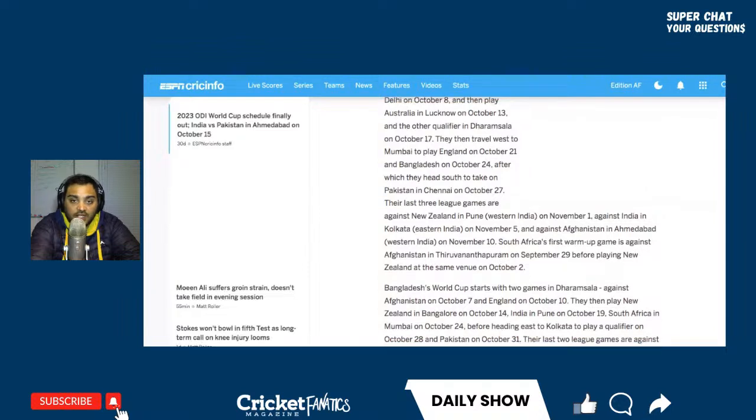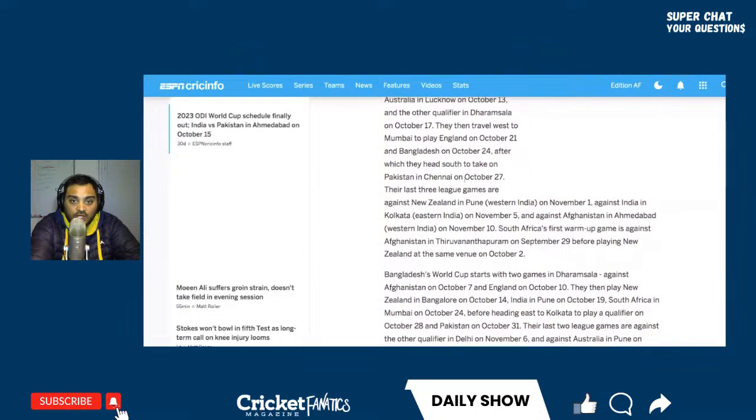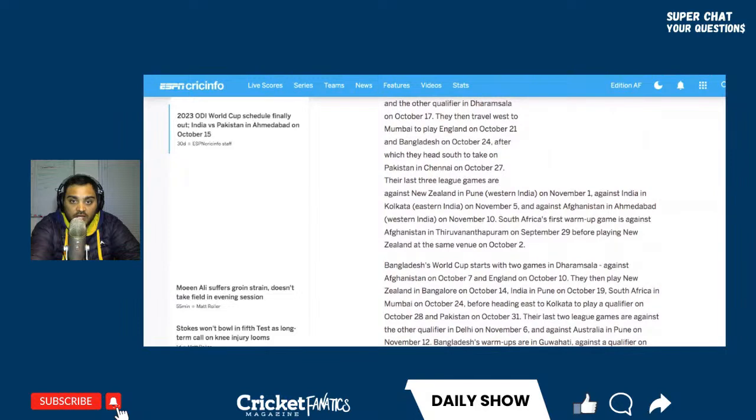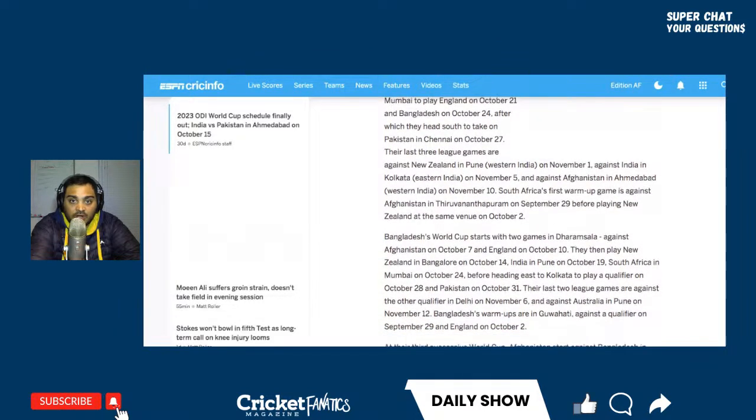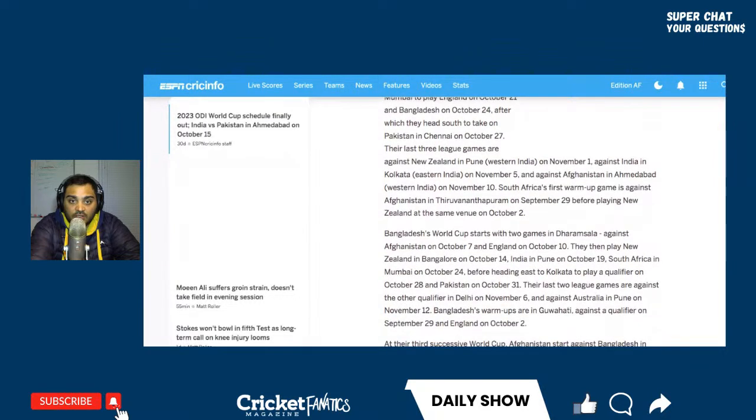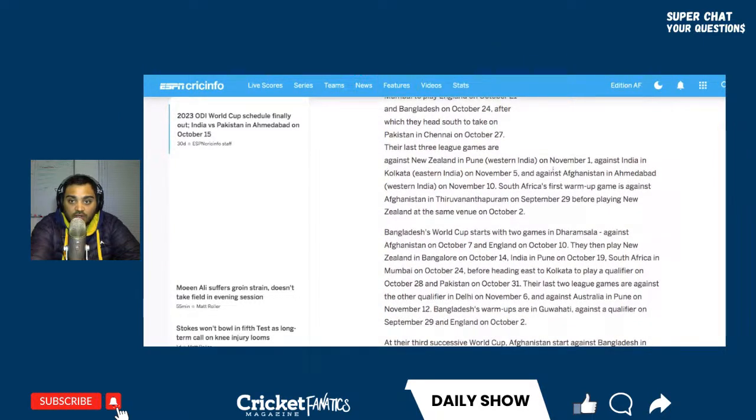So that's like a 3-day gap between those two. After which they head south to take on Pakistan in Chennai on October 27, another 3-day gap. Their last 3 league games are against New Zealand in Pune on November 1st, against India in Kolkata on November 5, and against Afghanistan in Ahmedabad on November 10.